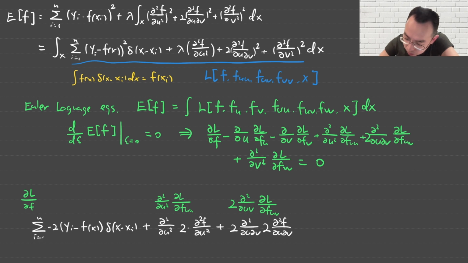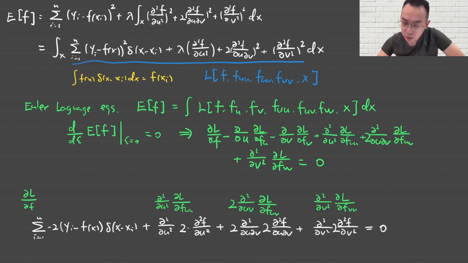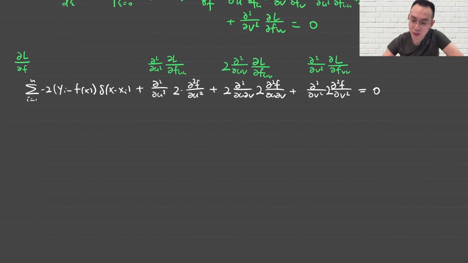Plus the last one is going to be times this, equals 0. Okay, that is the equation after we plug in everything. This is still a very long equation, but the nice thing is that it is pretty symmetric, and we'll see that in a second.